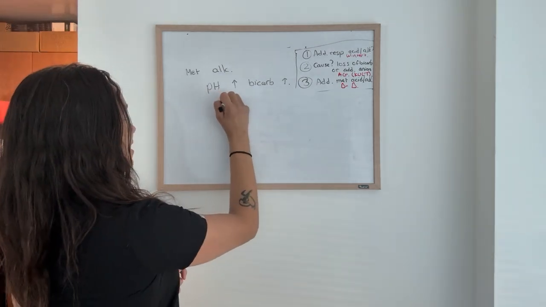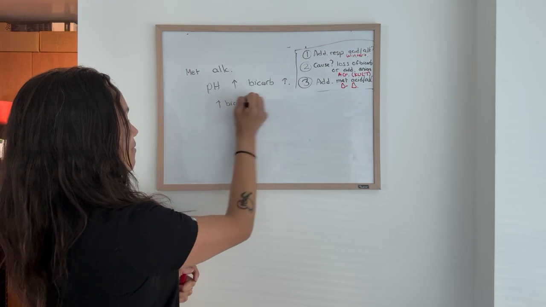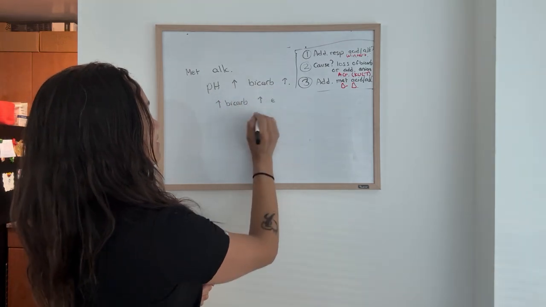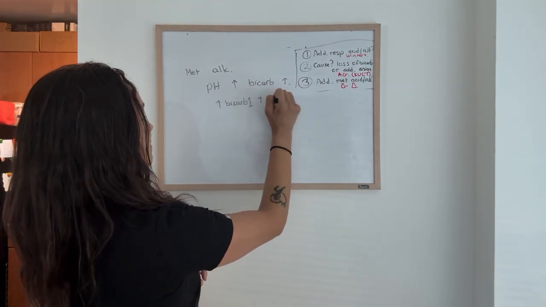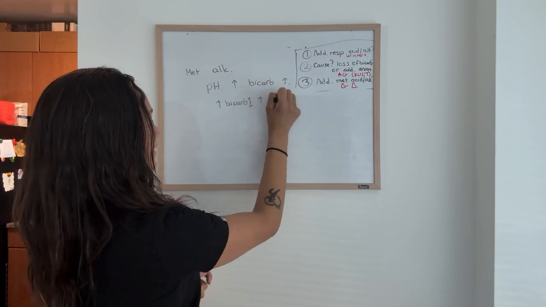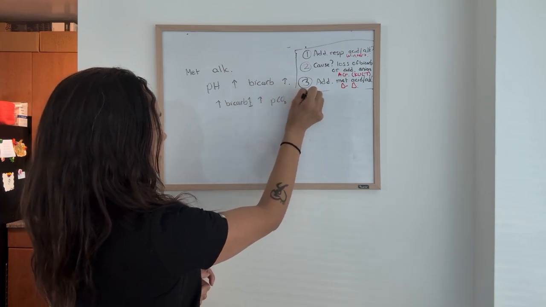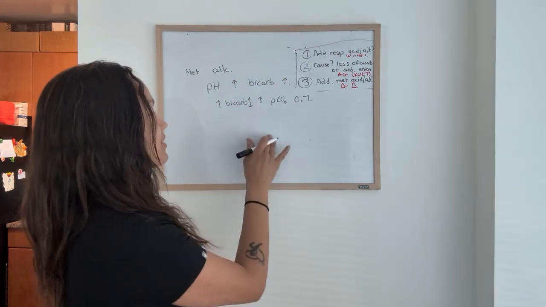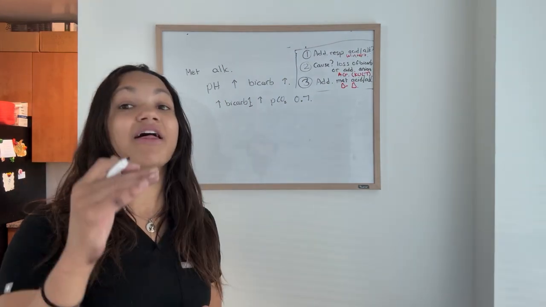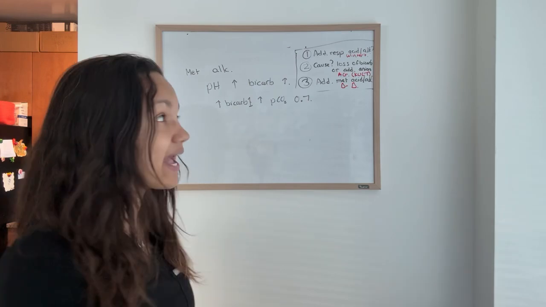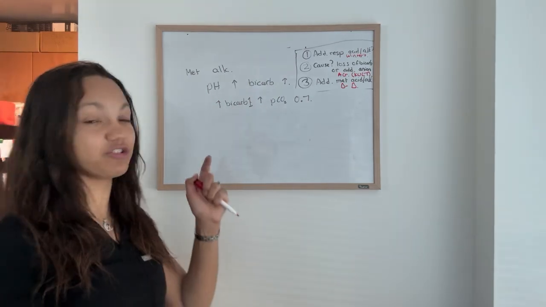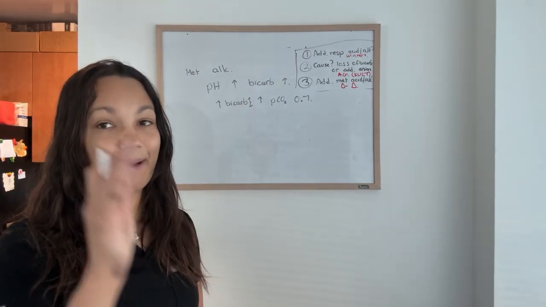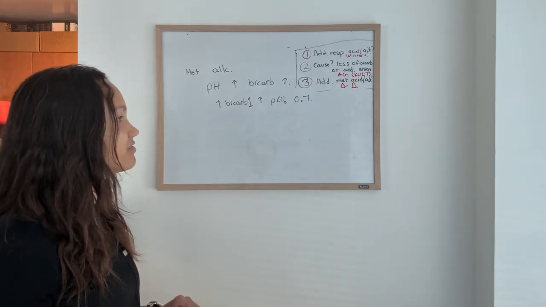So every time my bicarb goes up by 1, I expect my PCO2 to go up by 0.7. If the PCO2 is higher than that, additional respiratory acidosis. If it's lower than that, additional respiratory alkalosis. Then also still look at your anion gap, because if there is an anion gap, there's got to be an additional elevated anion gap metabolic acidosis.